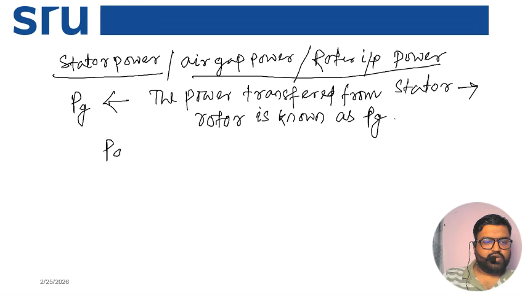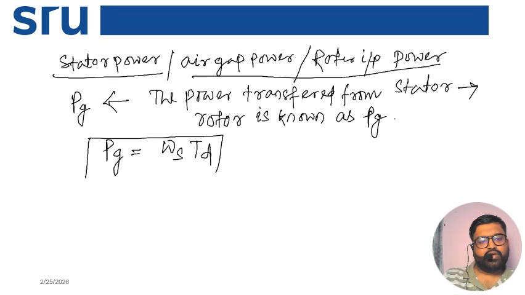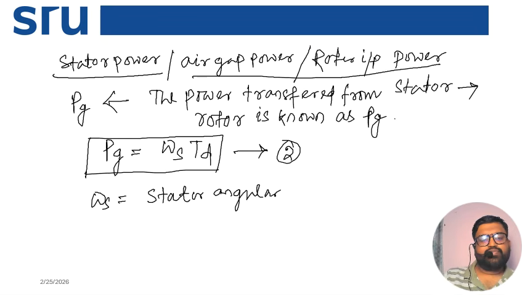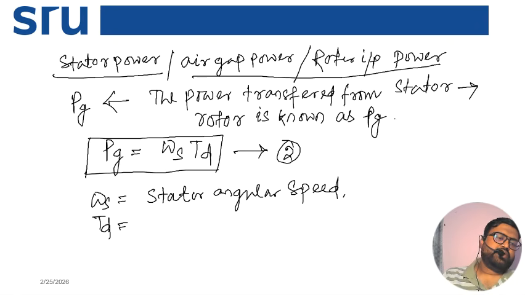Then PG, the formula is TD into omega s. That is equation number 2. What is omega s? That is the stator angular speed, right? And TD is the torque developed.